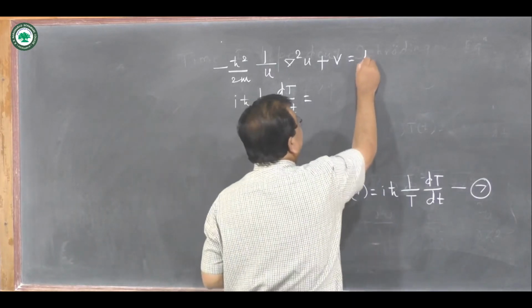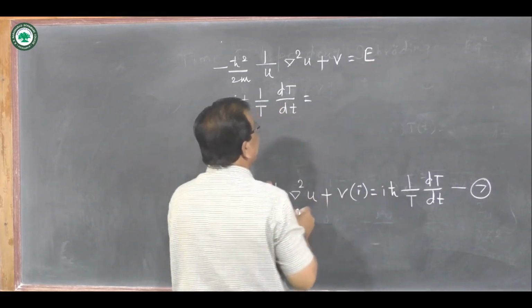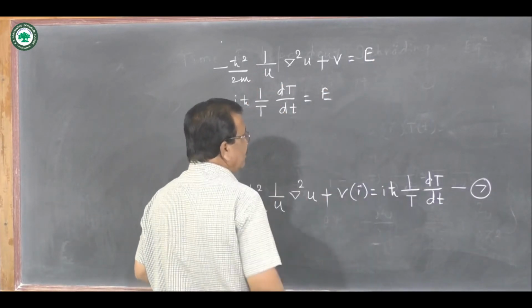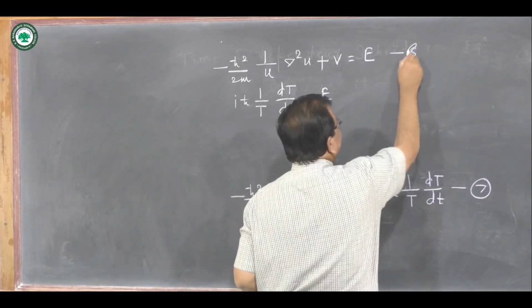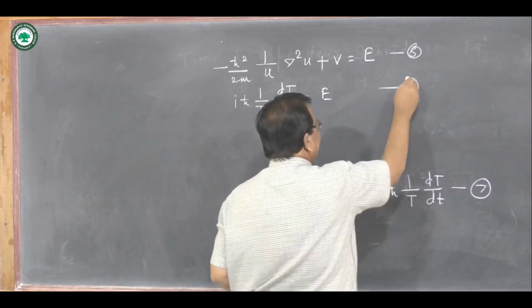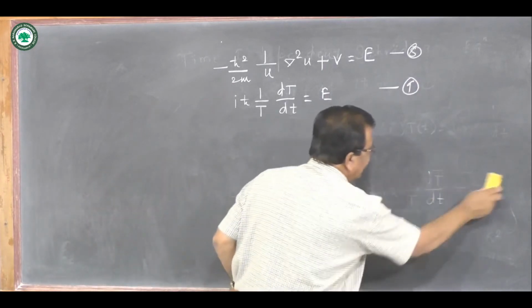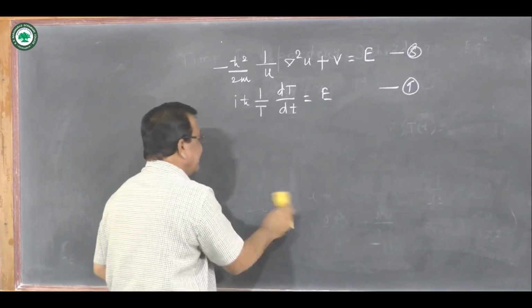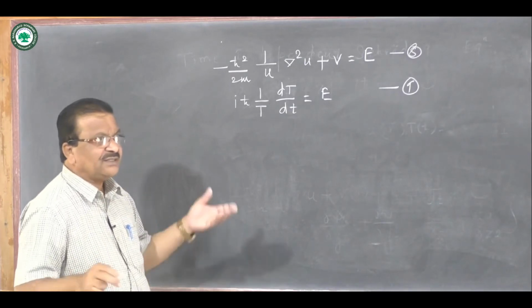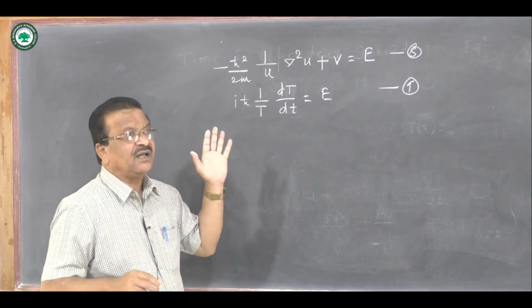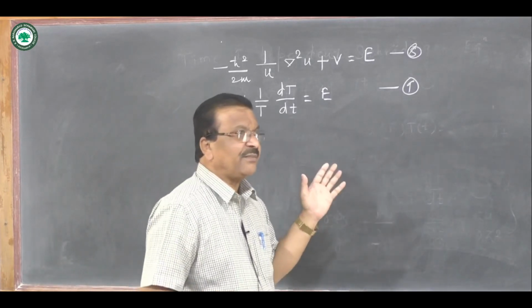So I am equating it to E. If LHS is equal to E, then RHS must be equal to E. Just look at the first equation, which is equated to energy, because the terms in this equation have dimensions of energy.